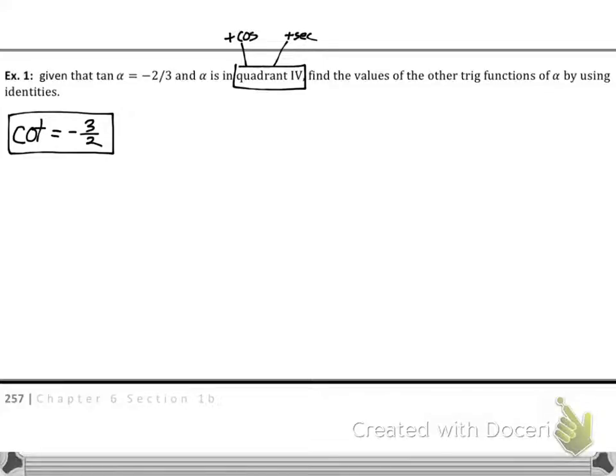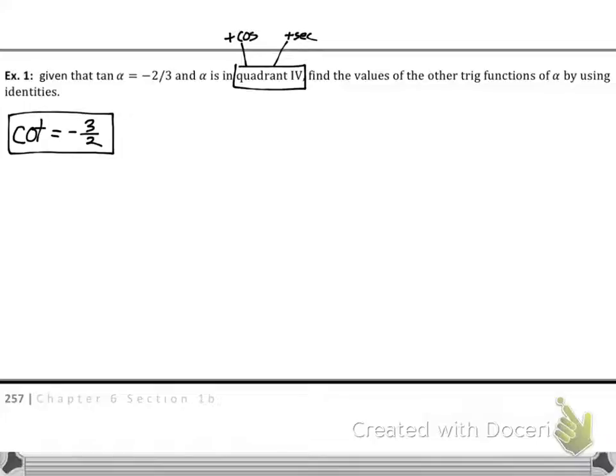All right. I need to list all the other trig functions. So my goal is to look at my identity sheet and find one where I have tangent in it and another trig function, because I already know cotangent, so it doesn't pay to pick a cotangent one.